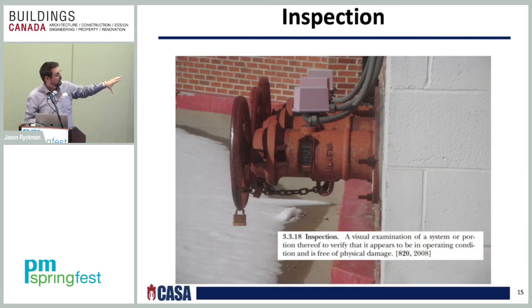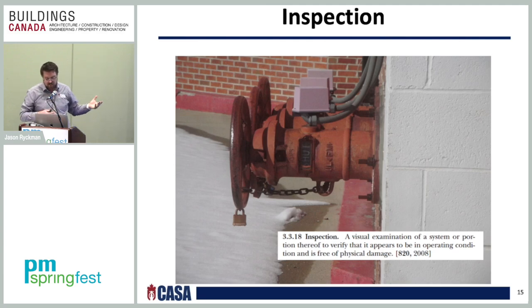So, inspection. A lot of people get things confused when looking at inspection, testing, and maintenance. Sometimes people confuse testing with inspections, inspections with testing, maintenance with testing. That's why you really need to know these definitions.